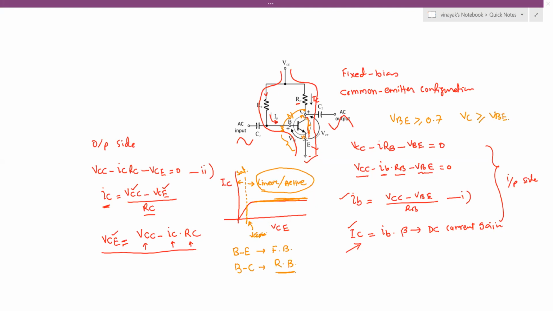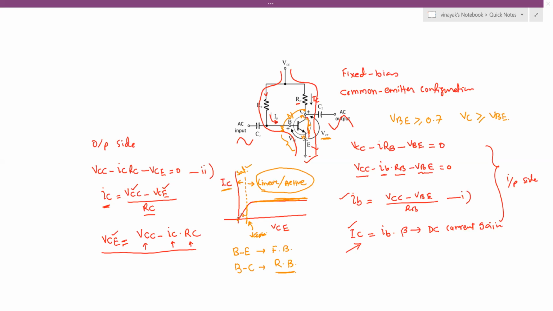If the voltage across the transistor, output voltage VC, drops left of this line, then your transistor comes out of the linear region and it enters the saturation. And if you keep dropping it, then finally the collector current is also reducing and your transistor goes to cutoff.